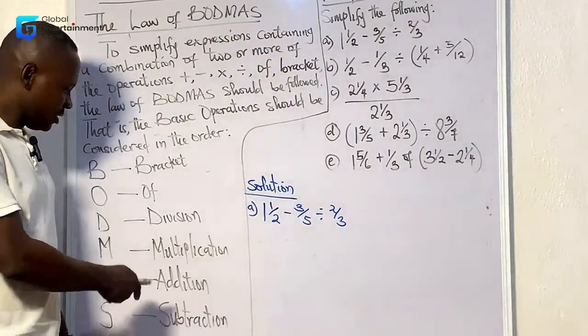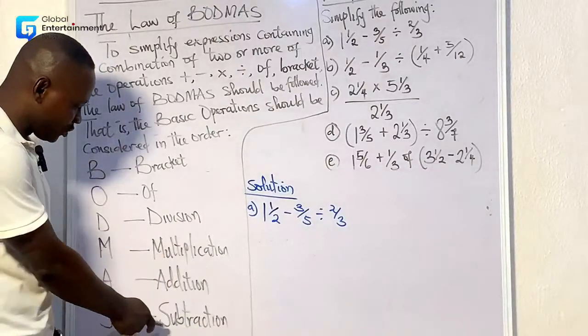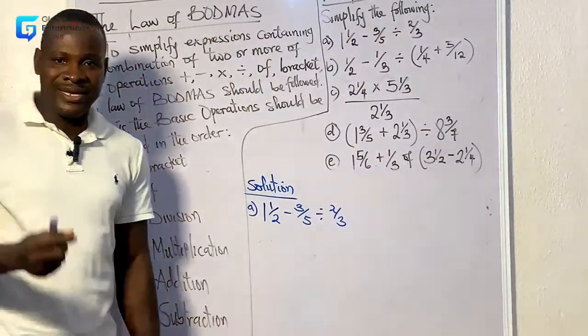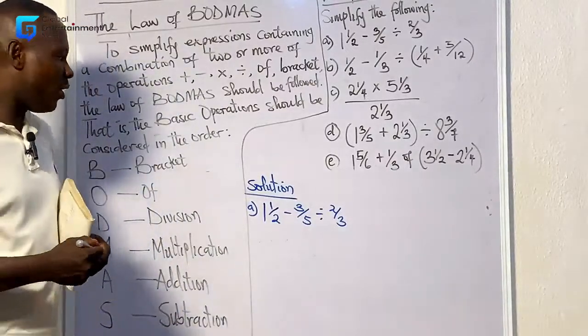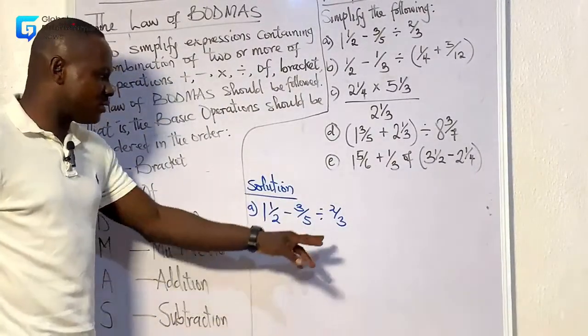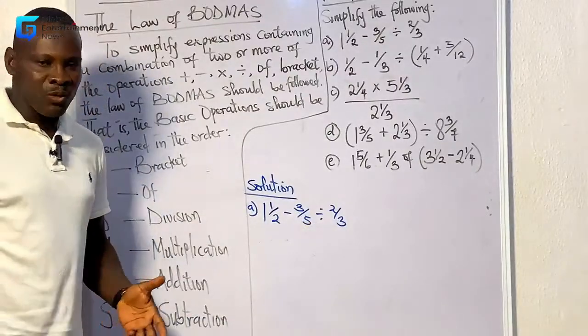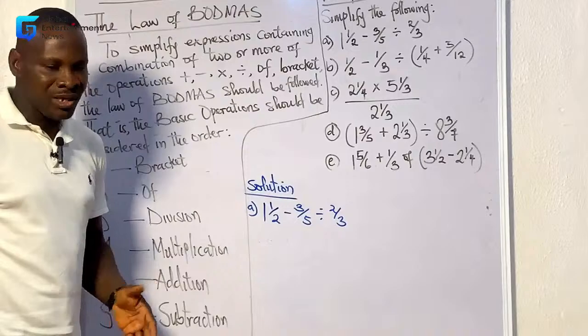Division comes first. Division is here and subtraction is here, so D comes before S. So we are going to deal with the division first, before the subtraction.